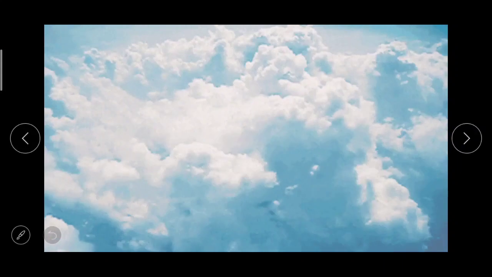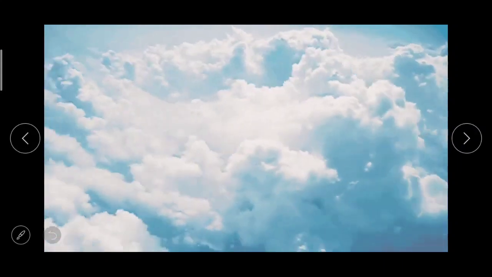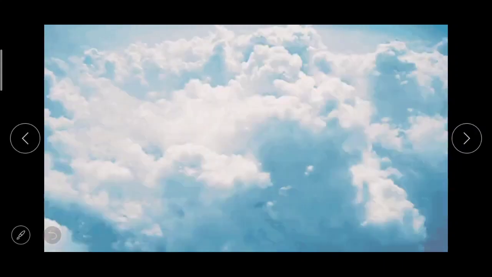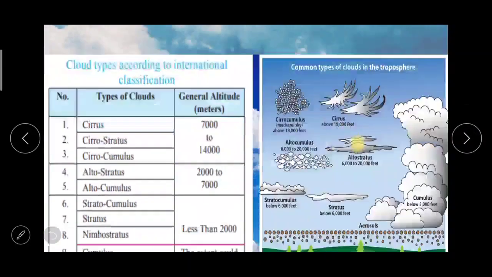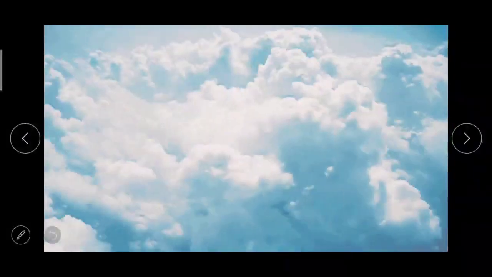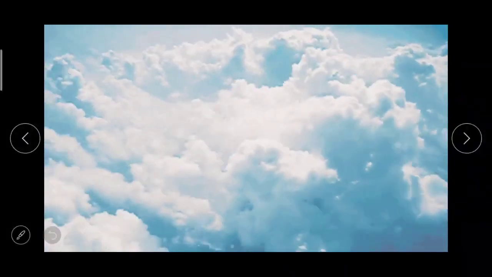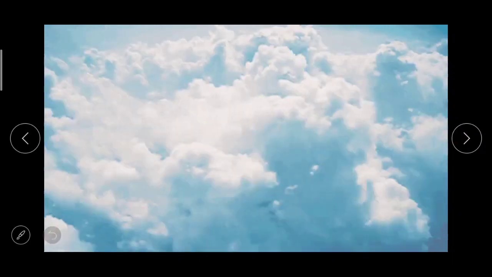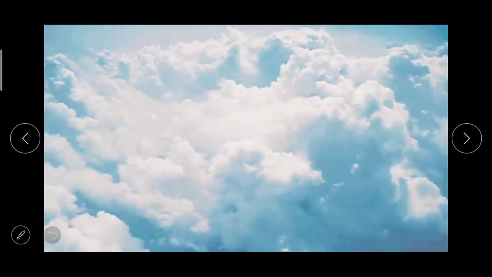Here you can see how clouds float in the air. Because of vertical flow of the wind, they float in the atmosphere like a kite which floats in the air. As it moves higher and higher, the clouds too float in the atmosphere because of vertical flow, as you can see on the screen.